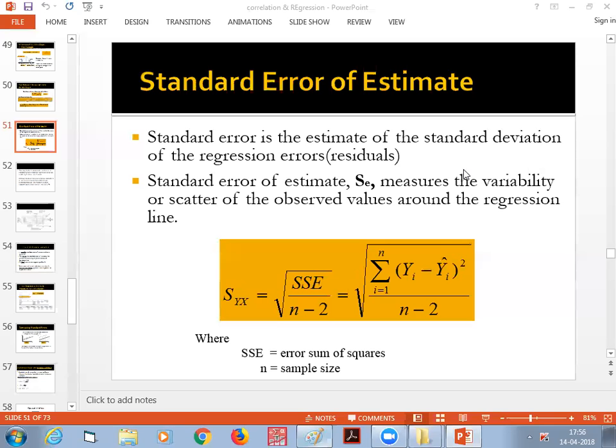The assumptions are checking the linearity assumption with the help of the graph, the normality of the errors with the help of the histogram or a normal plot, and then we have to check the homoscedasticity, that is a constant variance of the error. So unless these assumptions are satisfied, you cannot run the multiple regression.